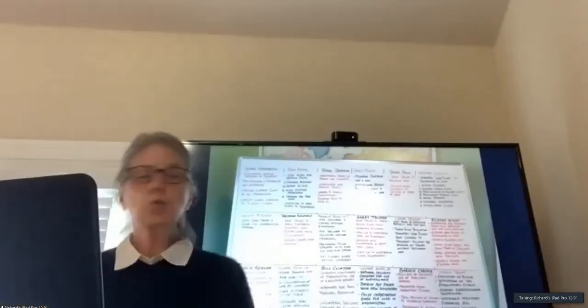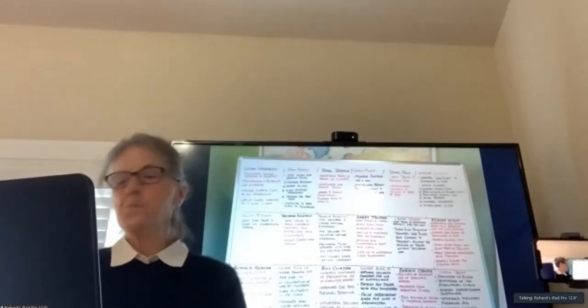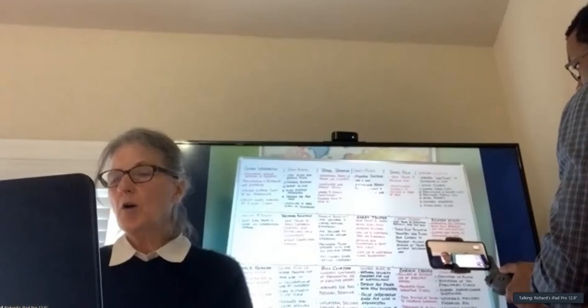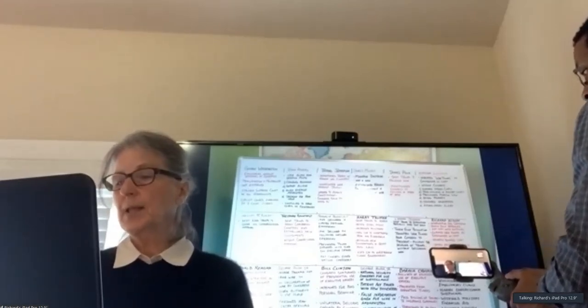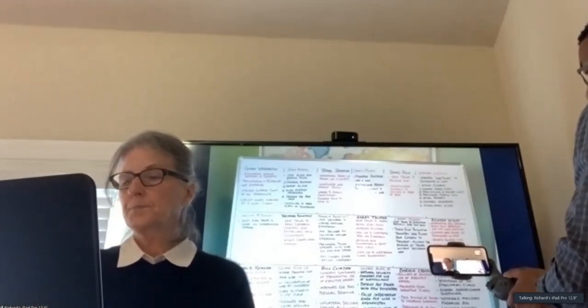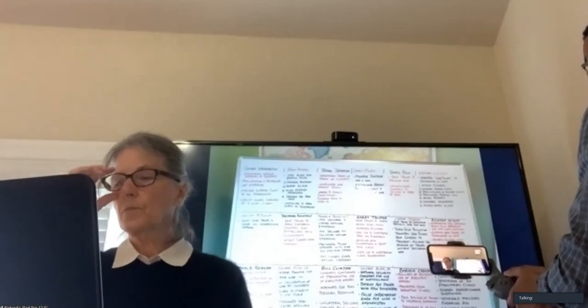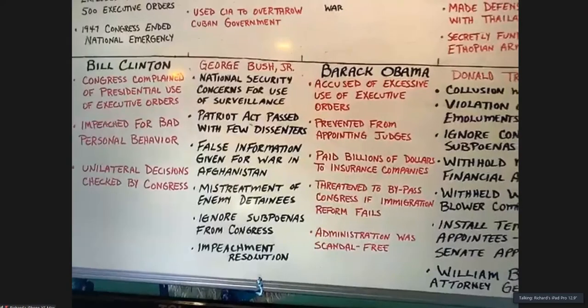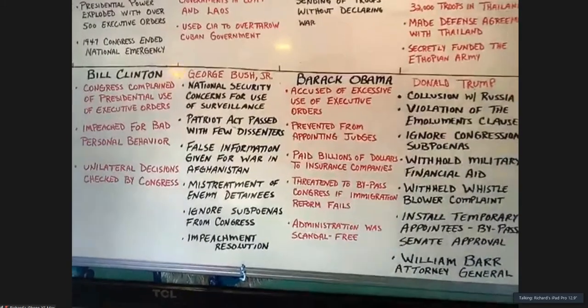So now we have George W. Bush Jr. He came to power after a contested presidential election of 2000. He brought in Vice President Dick Cheney and Secretary of Defense Donald Rumsfeld.